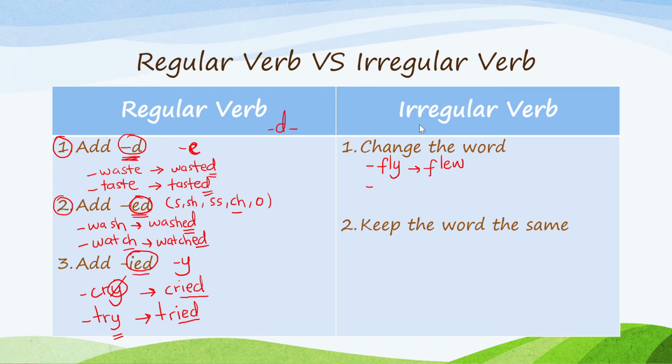Next example is throw. It will change to through. Next, go, change to went. Another example will be and it will change to either was or were.